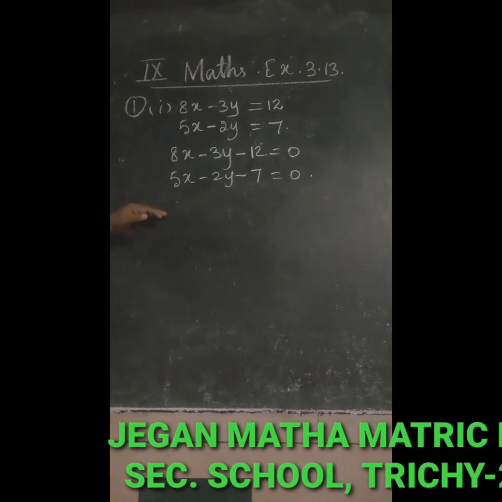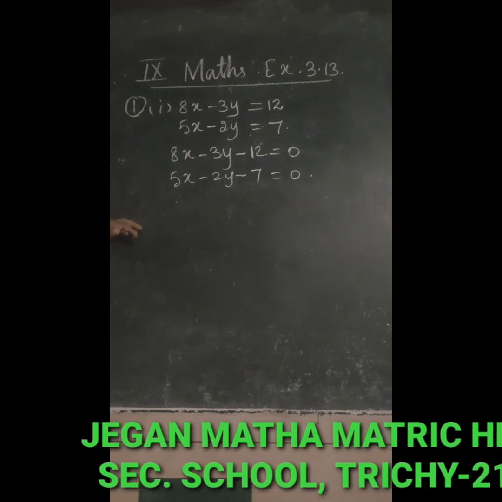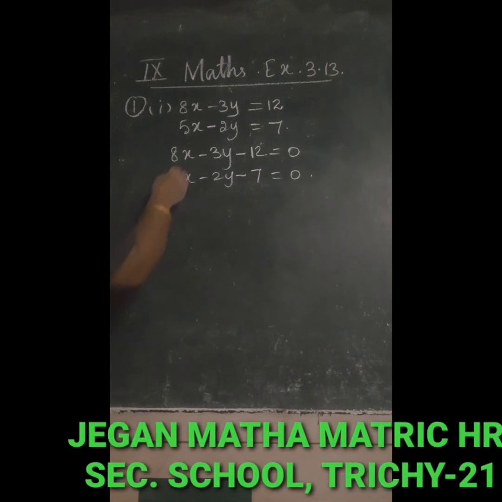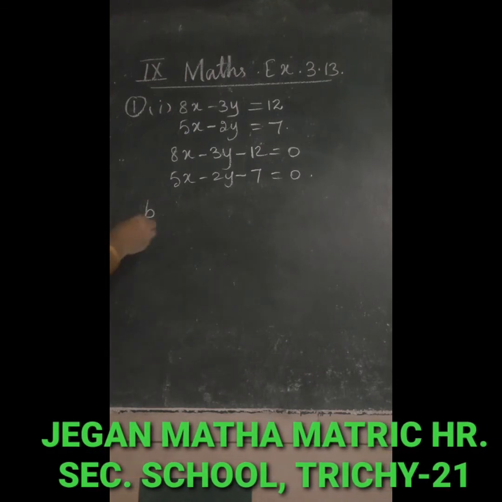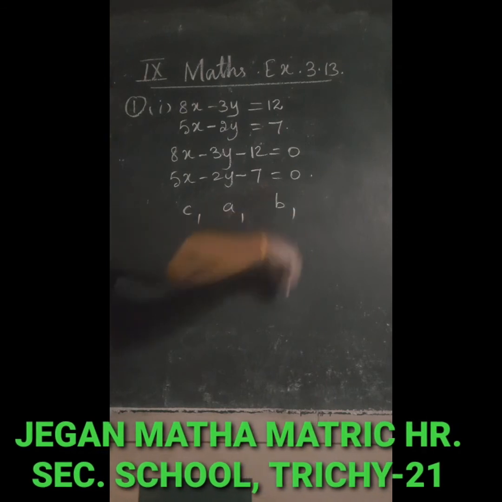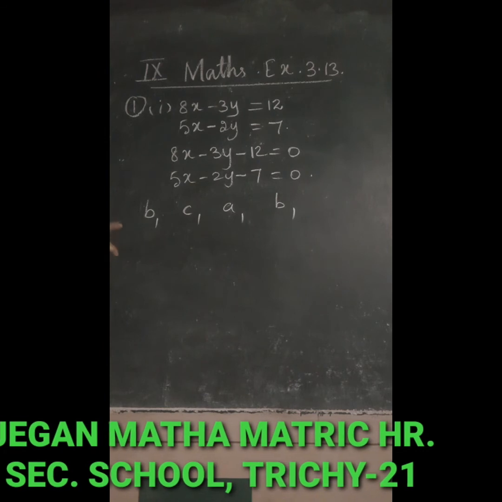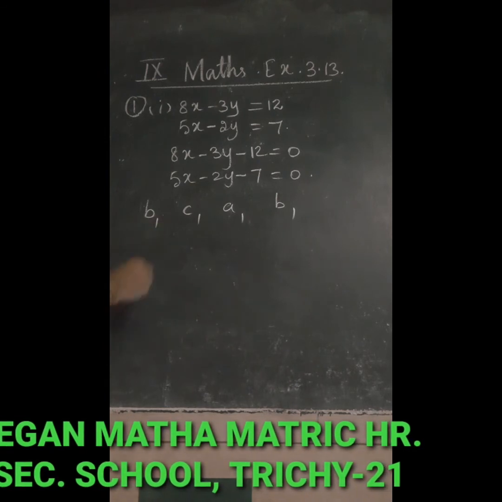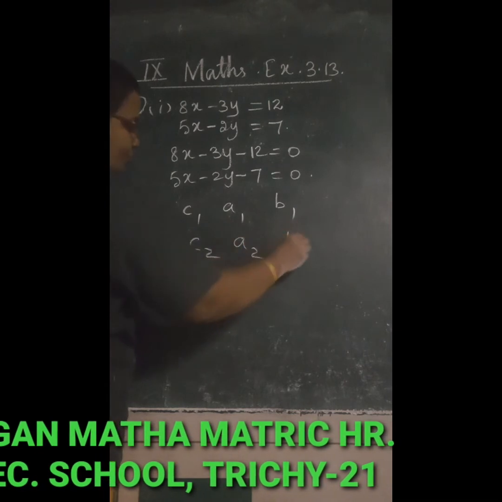After that, we will write the coefficients for the cross multiplication method like B1, C1, A1, B1, and here B2, C2, A2, B2.